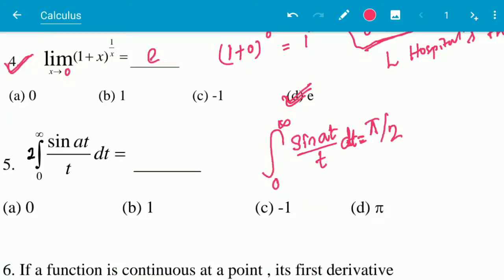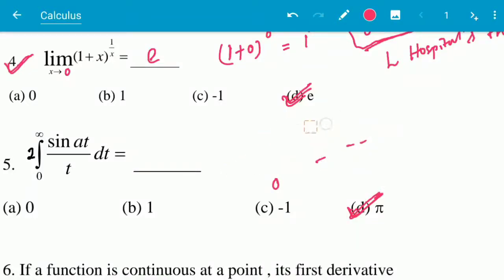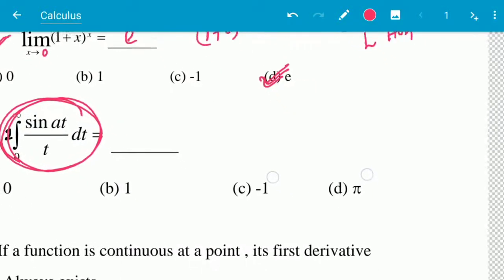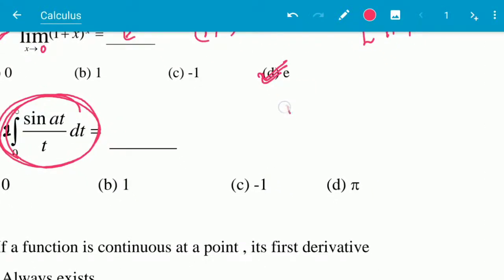So if we multiply by 2, then it will be pi. So here the answer will be pi. I don't want to prove it here because this is a very long proof. Only for this problem I will make a separate video, in which I will show the methods by which it can be proved that sin at by t from 0 to infinity is pi by 2.